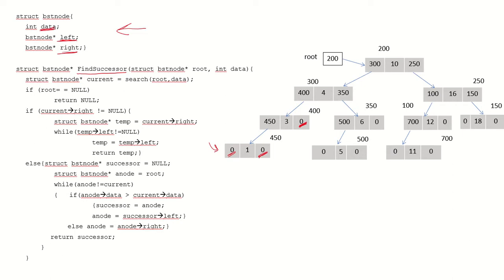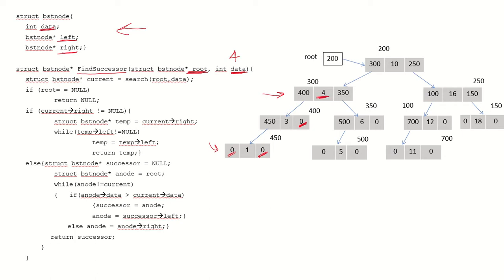We are going to pass the root pointer to this function, and also we are going to pass the data for which we are finding the successor. So suppose we give the value 4 over here. That means we are going to find the successor for this data 4 over here.